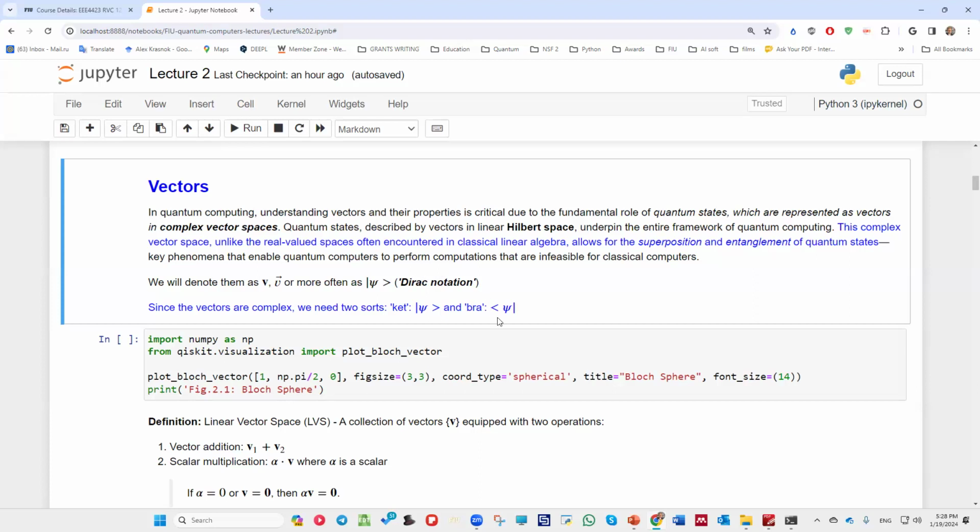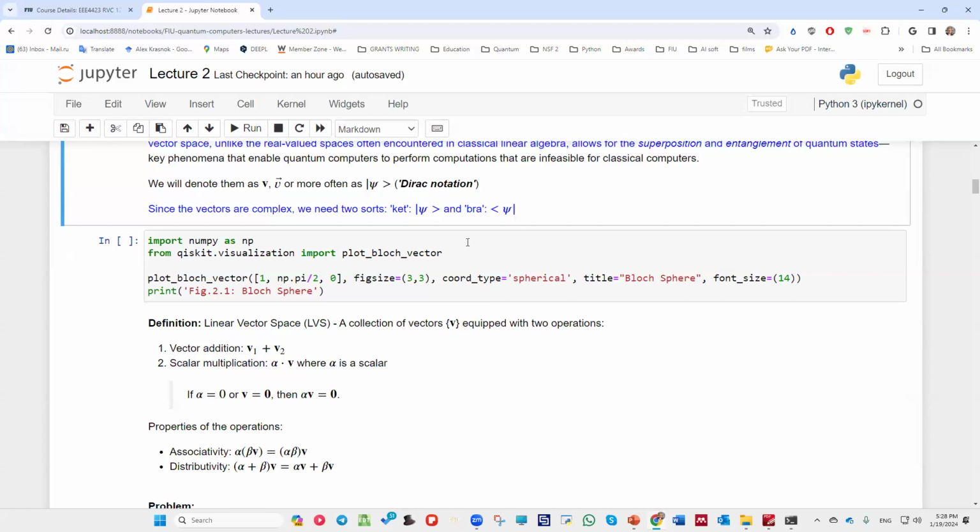He proposed to use this notation. And why bra and ket? Because if you take the inner product of bra and ket, you get bracket, like the word bracket. That's why bra and ket. It's very easy to memorize this notation.